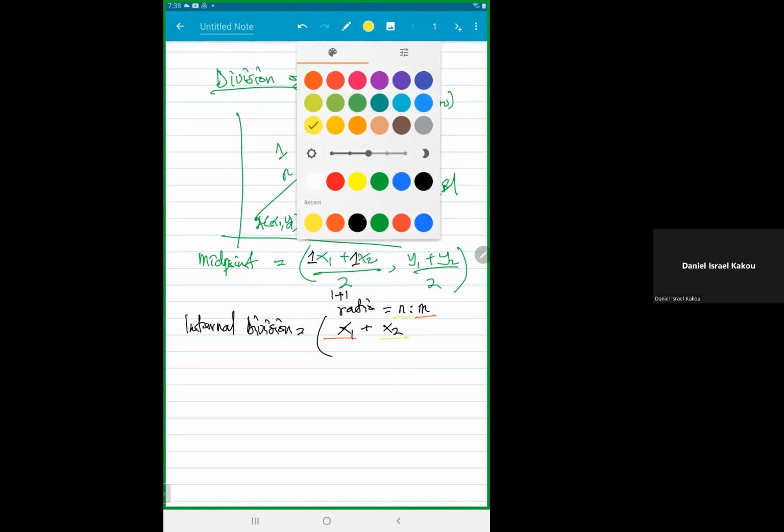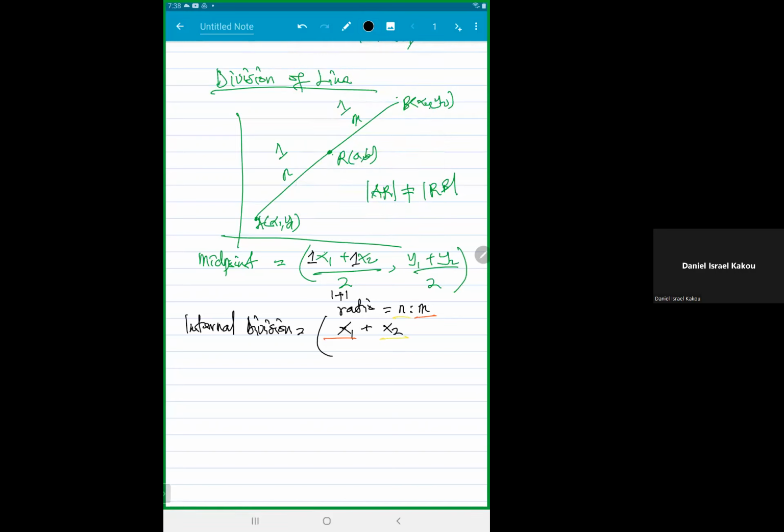So basically, all I have to do to be able to remember the formula is, because m is the second value of the ratio, I multiply it by the first coordinate. And I also multiply n by the second coordinate. Remember what we do in the midpoint formula. All we were doing was adding the two ratio values. That was how we had the 2. So the ratio was 1:1, and we added them to be 2. So this time we don't know the ratio, but we know that they are m and n.